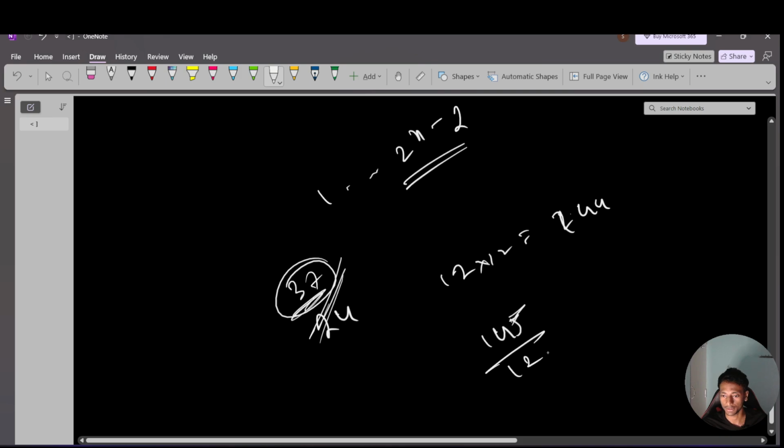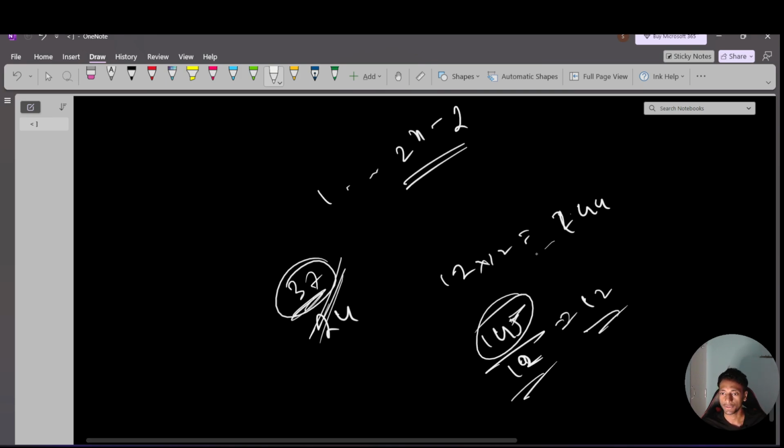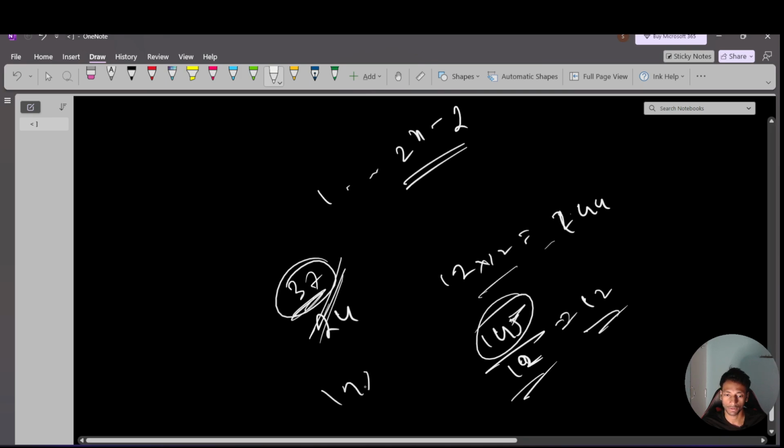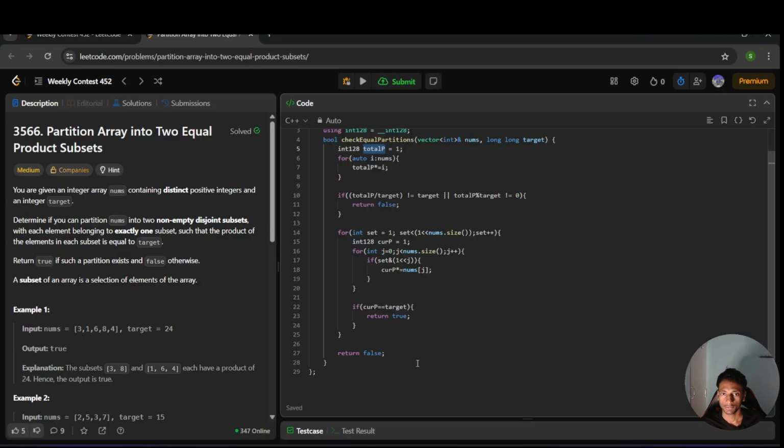If I divide 145 by 12, I get 12, so both are equal, but this is not equal to 145. So I check that if 145 modulo 12 is not equal to 0, that means it is not completely divisible. We have some remainder, which is not possible. So I return false from here.